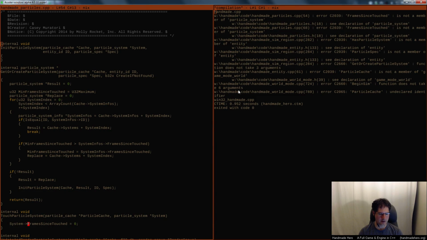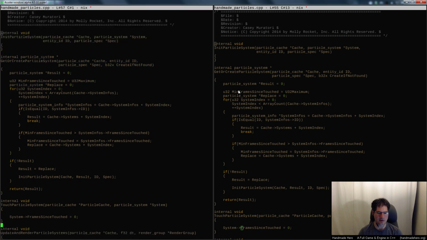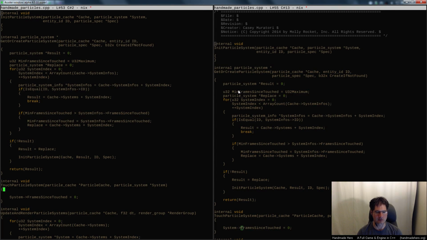All right. So frame since touch is not... Okay, so that actually does pose an interesting problem, which I don't really know if I care about solving. I think what I'd probably do is say we want people to be able to use this pointer. So I'm just going to use an index here, which is just the system minus the particle cache systems.